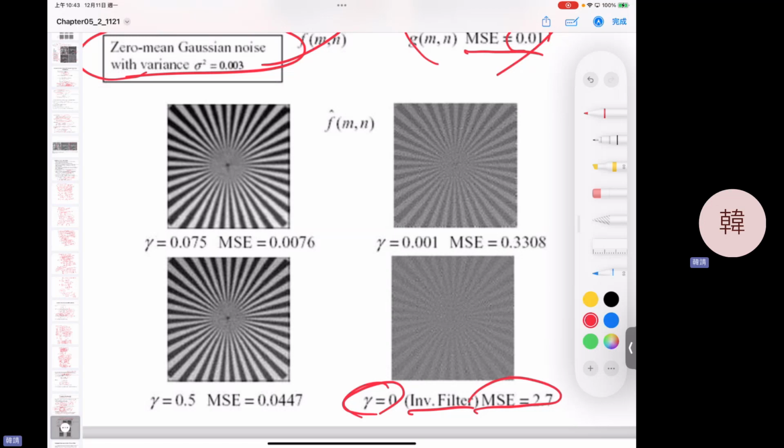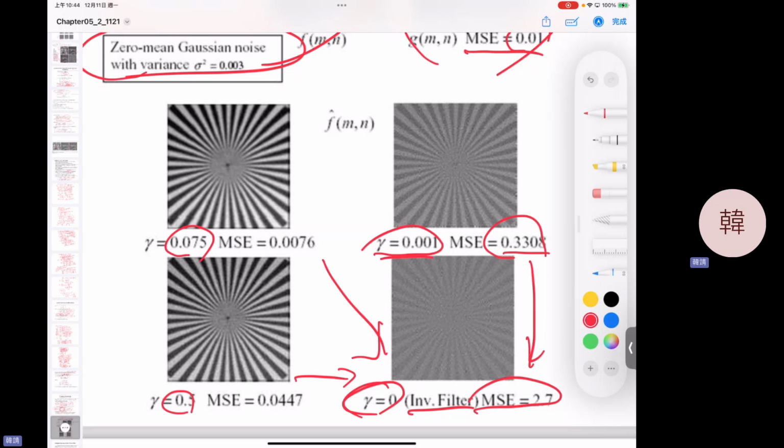How do you tune it? You can use different trials. Maybe use 0.01, maybe 0.075, 0.5, and you can compare the results. But it's always better than your inverse filter. So you can see the mean square error using 0.001 is not as good as you imagine.